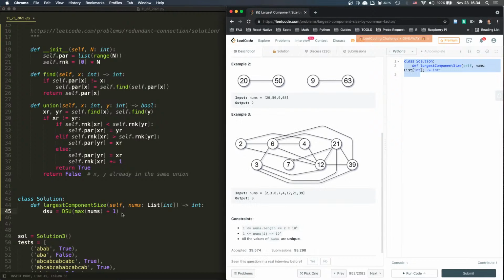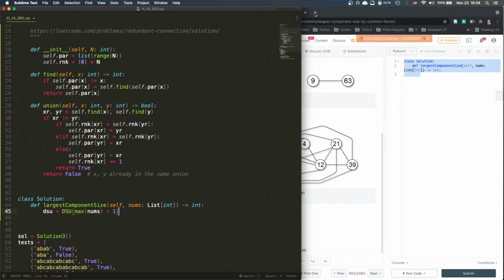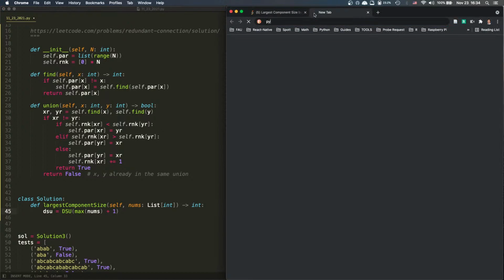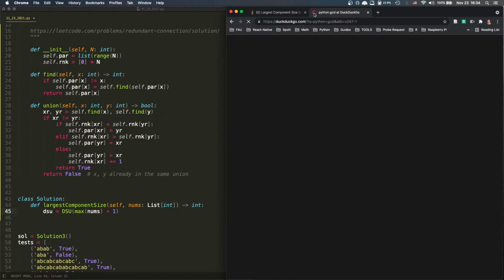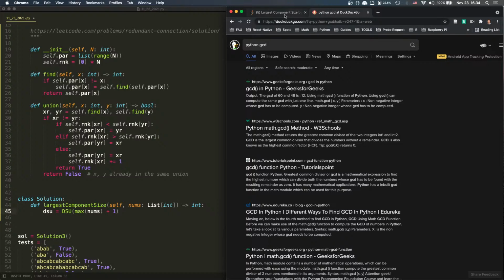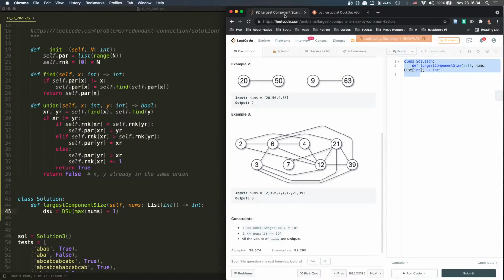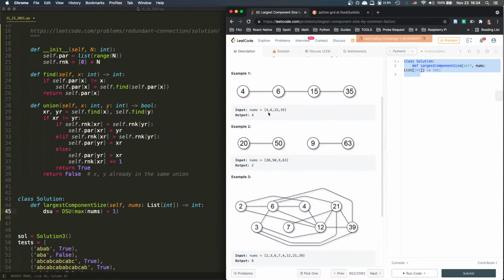Okay, so we have this joined, and Python GCD. I was also thinking, if I sort, and every time I do GCD, I divide by the common factor, so everybody will be dividing the common factor.